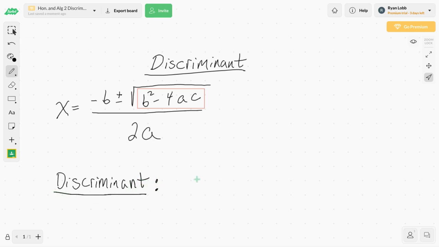The discriminant is this right here, b squared minus 4ac. That's your discriminant. Notice there's no square root. It's the value underneath the square root in your quadratic formula.